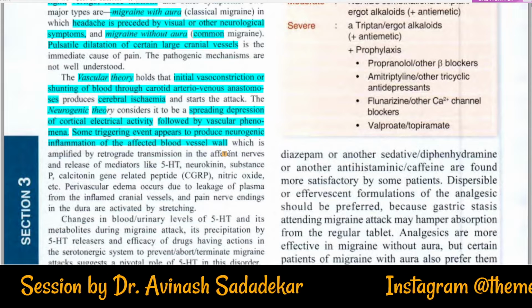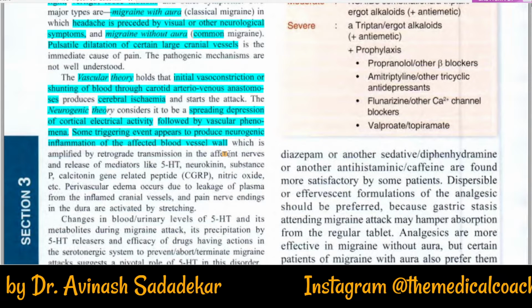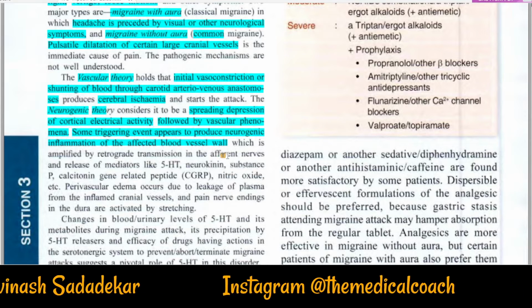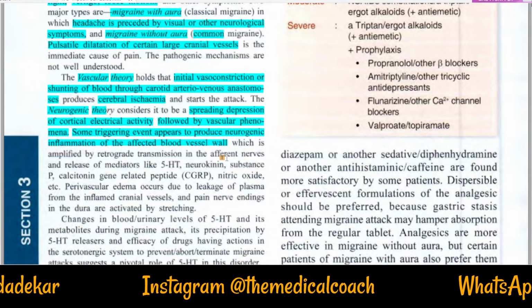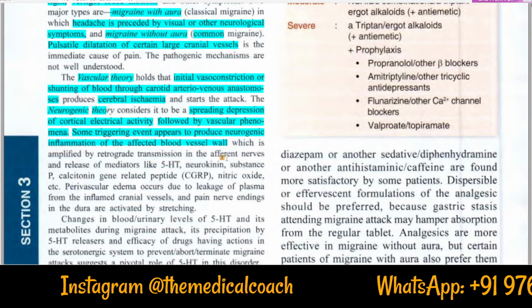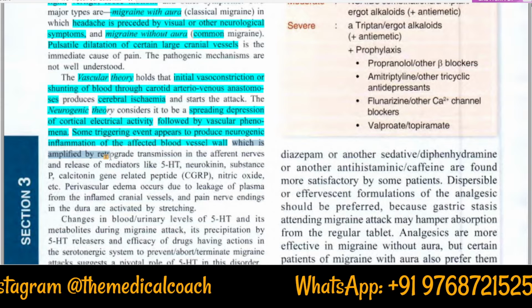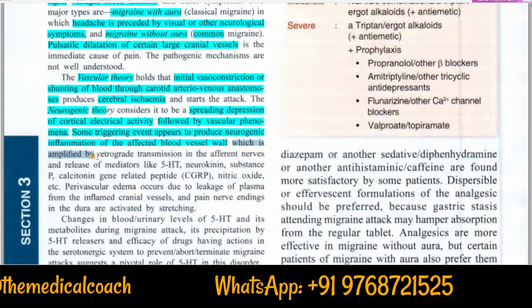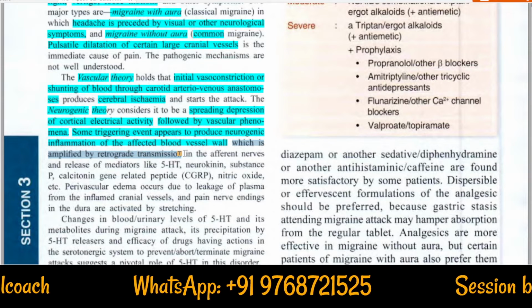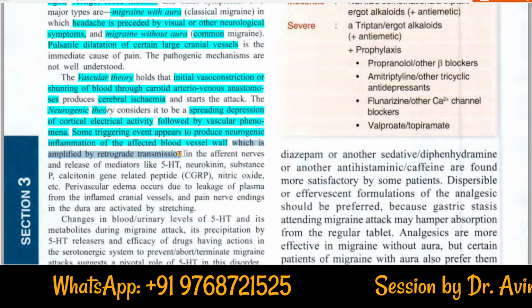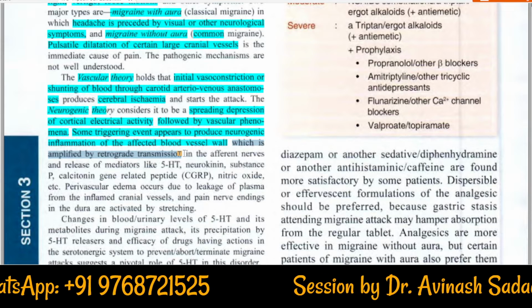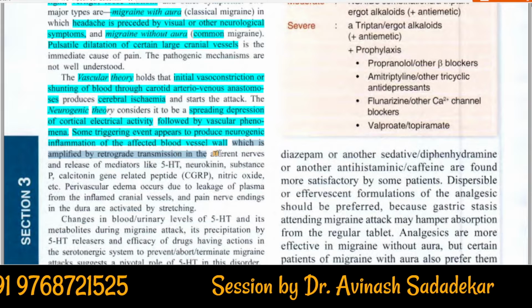Now this is neurogenic inflammation because of neurons. How? We don't know. It's like the nerves are controlling the inflammation, and this is amplified or exaggerated by retrograde transmission. So instead of bringing the message towards the blood vessels, there is retrograde transmission in afferent nerves.